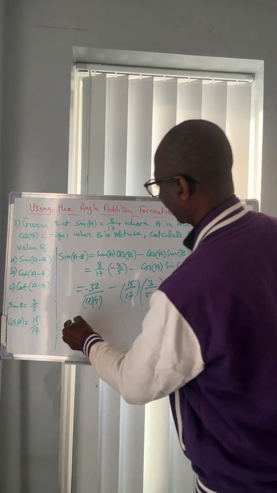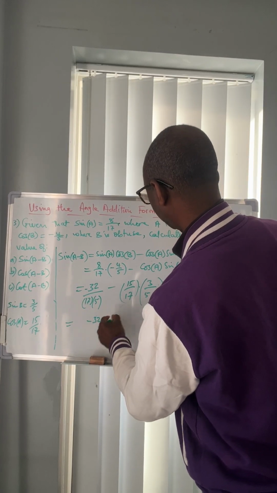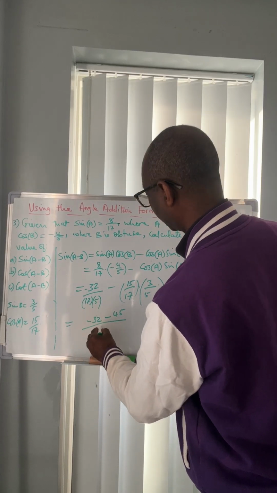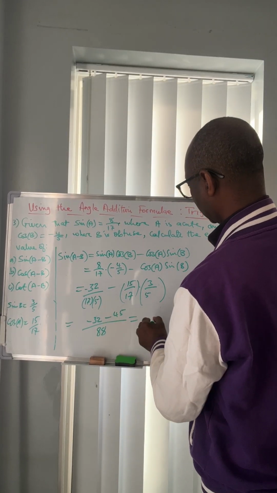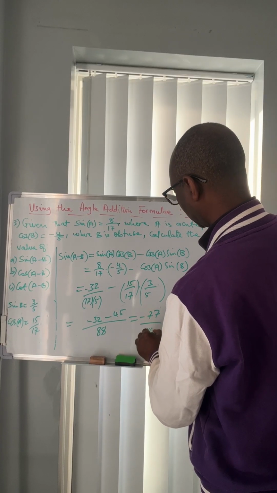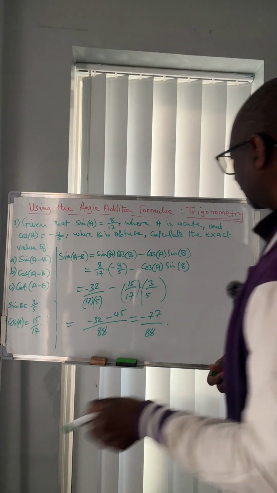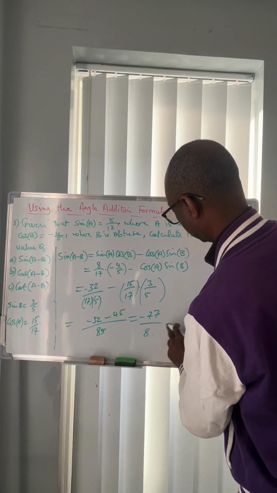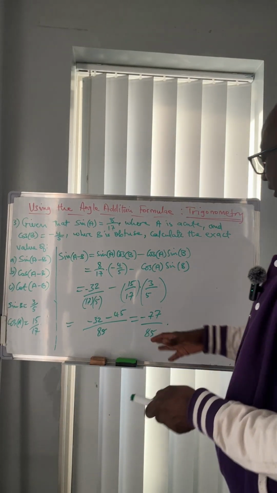So this gives us minus 32 minus 45, all over 17 times 5. Sorry, 17 times 5 is 85. So that's your final answer: minus 77 all over 85.